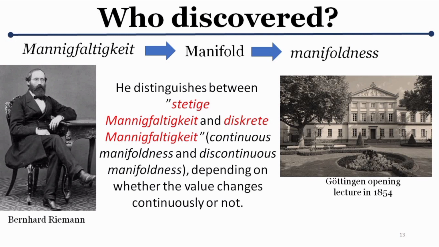As continuous examples, Riemann refers to not only colors and the locations of objects in space, but also possible shapes of spatial figures. So you see, I have written here continuous manifoldness and discontinuous manifoldness, depending on whether the value changes continuously or not. This is how the foundation of manifold has been laid.